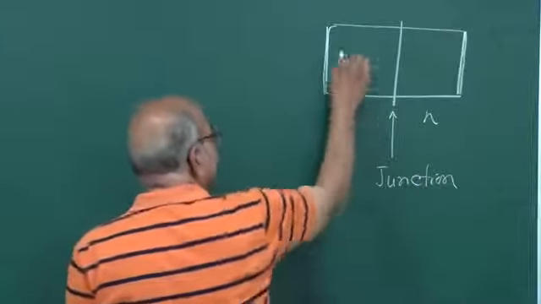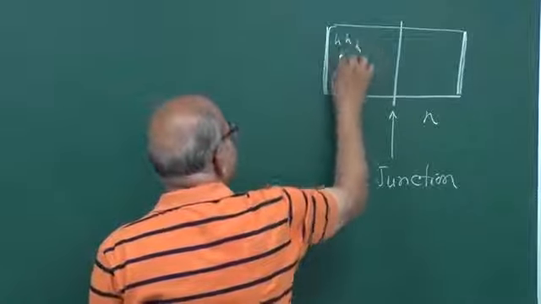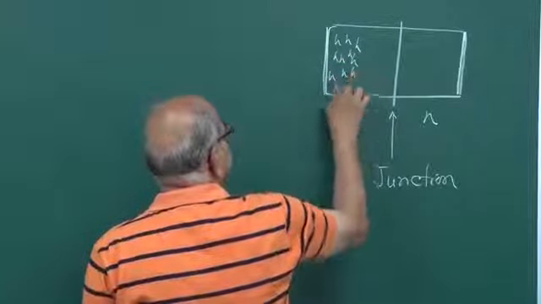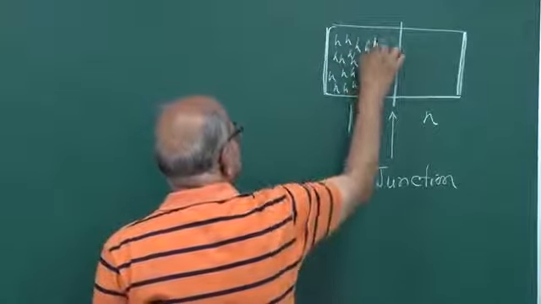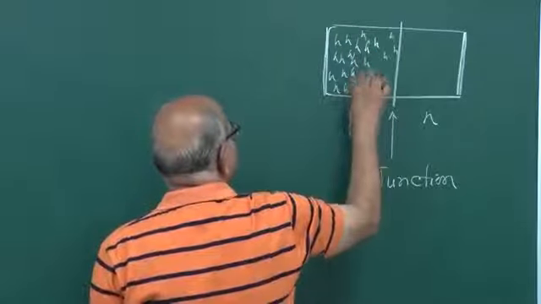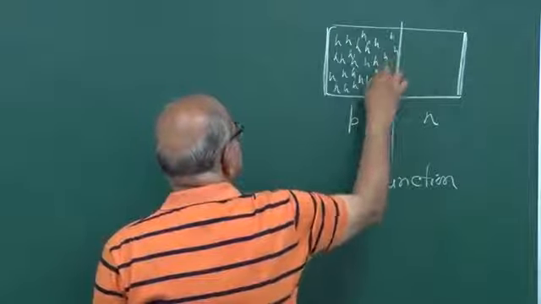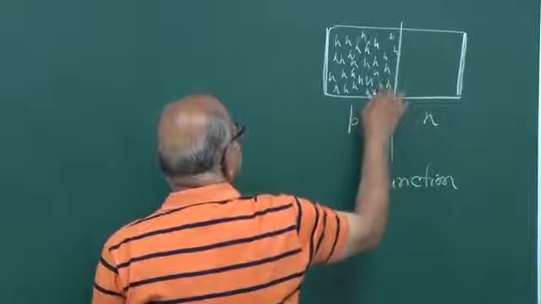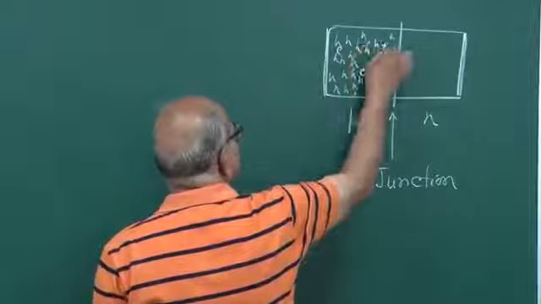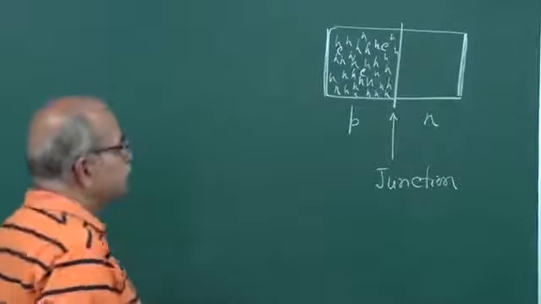And if this is P type, you have a large number of holes here to start with, and some conduction electrons, minority carriers.